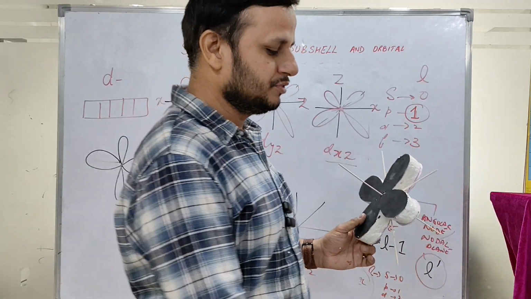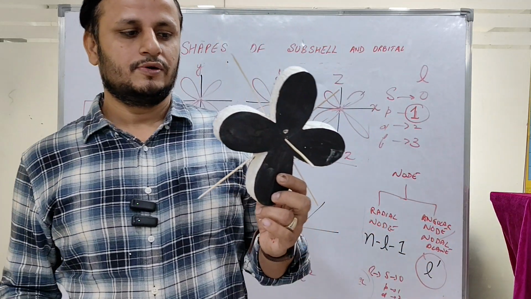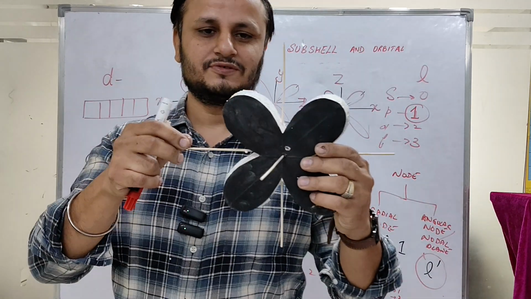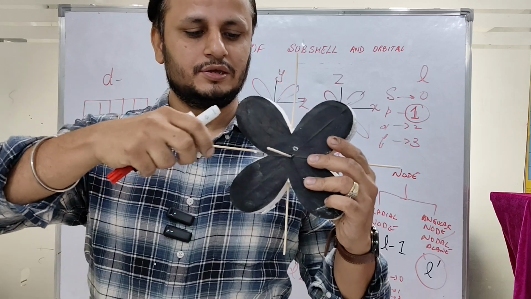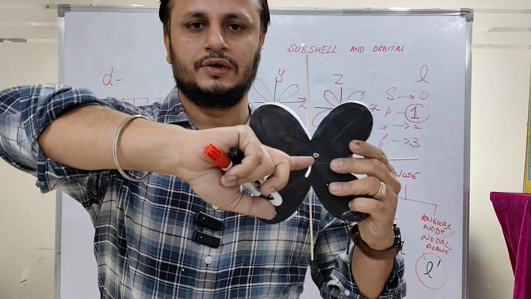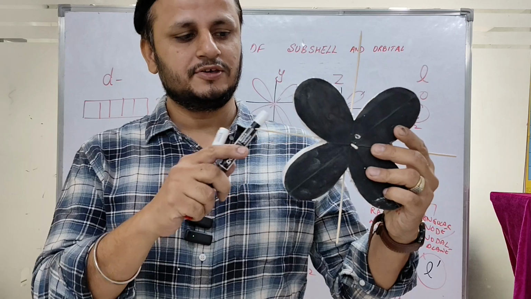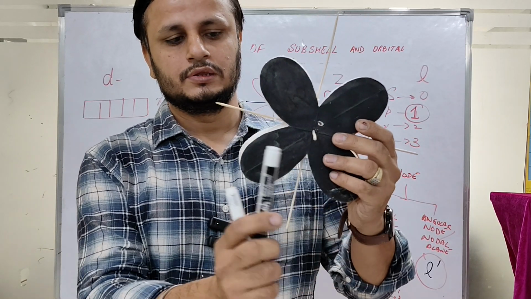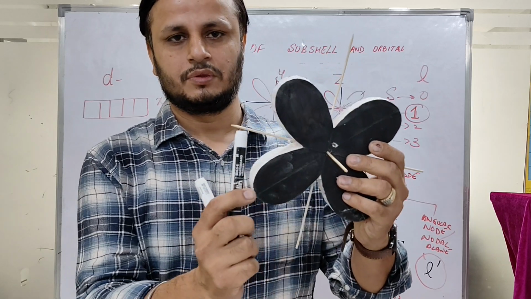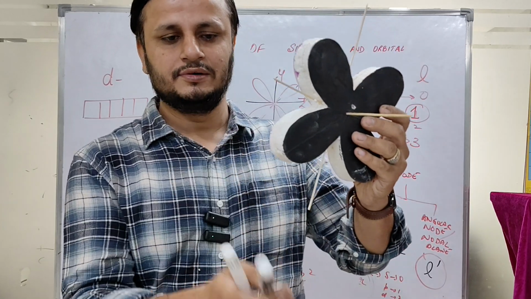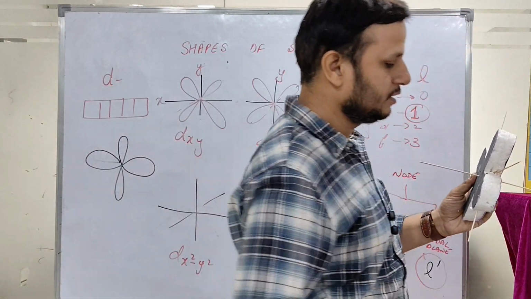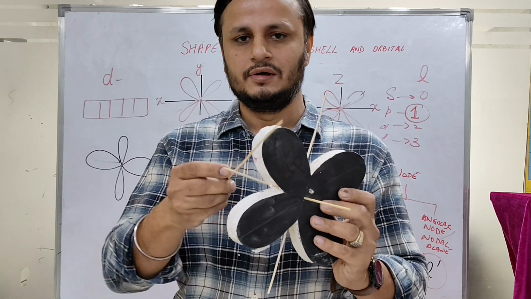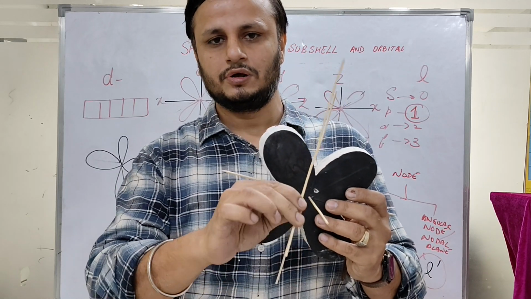And now talking about their nodal planes. For the xy subshell, the z-axis is empty. So for xy, there is no probability of finding the electron along x and z, and along y and z.